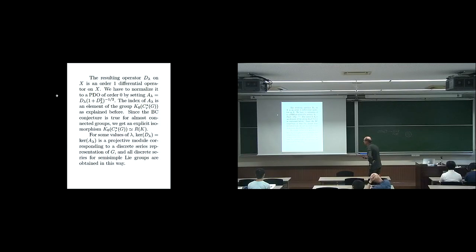For each element of R of K, you get an element of this group, which is exactly the Baum-Connes isomorphism, which is called Dirac induction. For some groups, for some representations lambda, it gives a discrete series. In this case, the representation of the discrete series is realized on the kernel of such a Dirac operator.